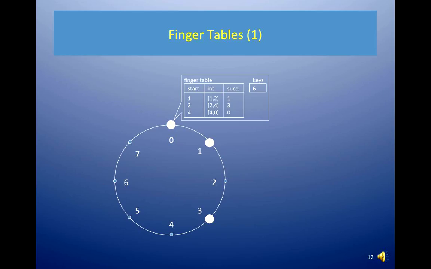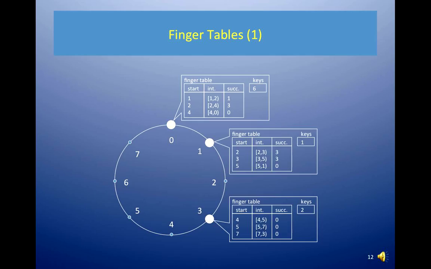Previously it just maintained only one key, which is 6. Now it maintains information about other keys, right? Key 1 is stored in node 1, key 2 is stored in node 3, key 4's successor is stored in node 0. Same thing with the other nodes. So each node maintains its finger table using the formula n plus 2 power i mod m.